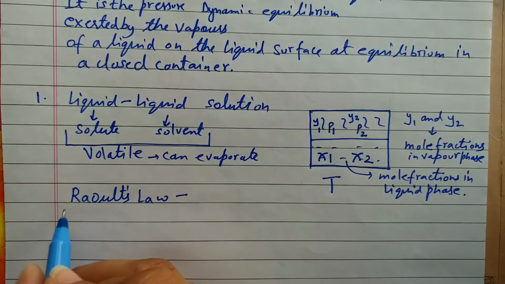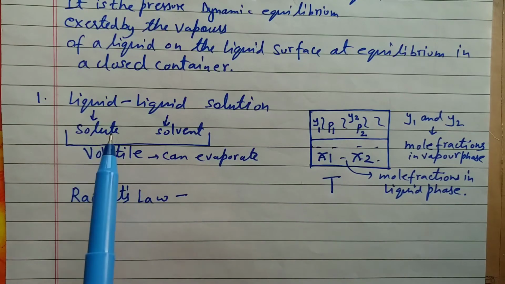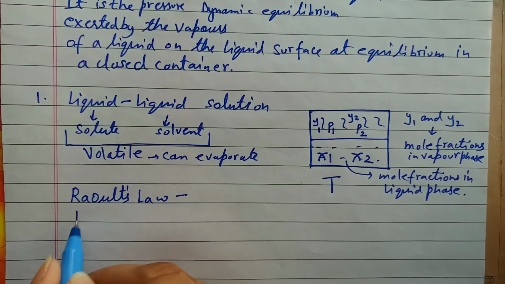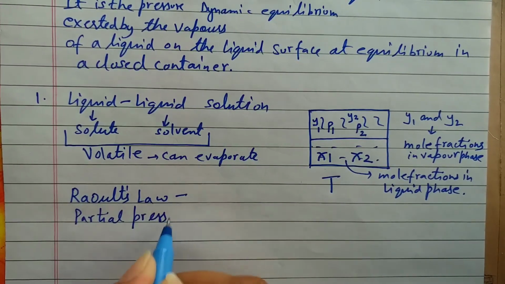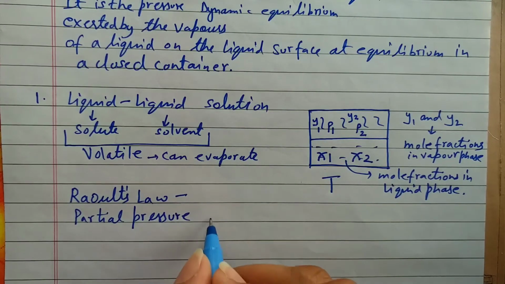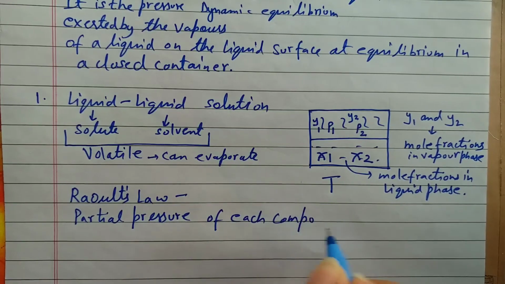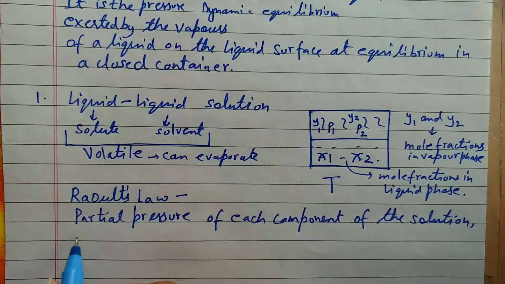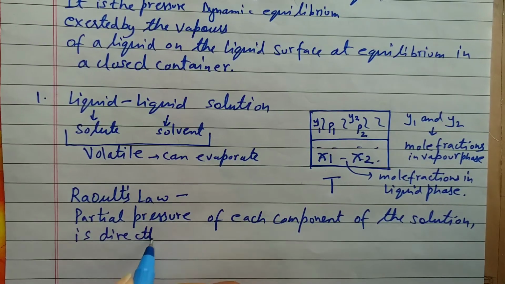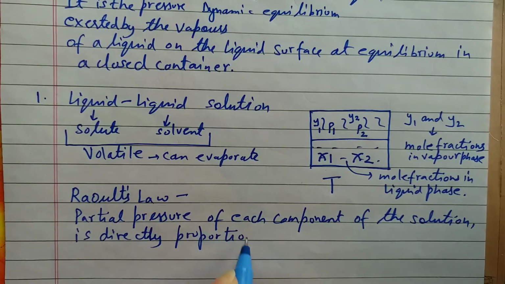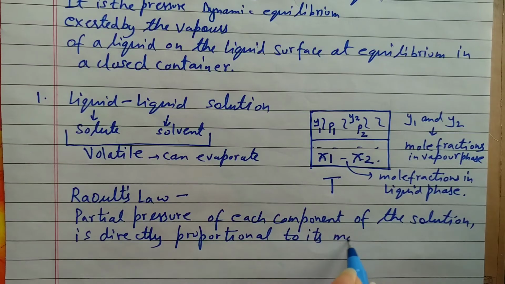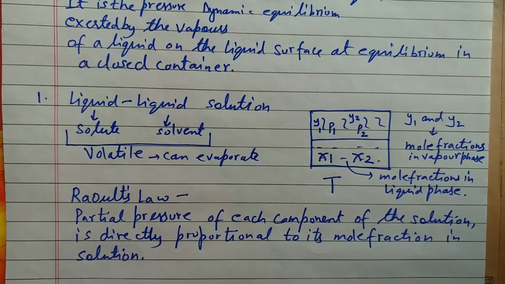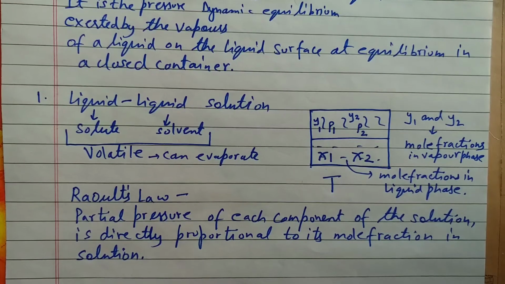As per Raoult's Law, for a system of two volatile components, like we have taken liquid 1 and liquid 2, the partial pressure, which means the pressure exerted by a particular component, the partial pressure of each component of the solution is directly proportional to its mole fraction in the solution.